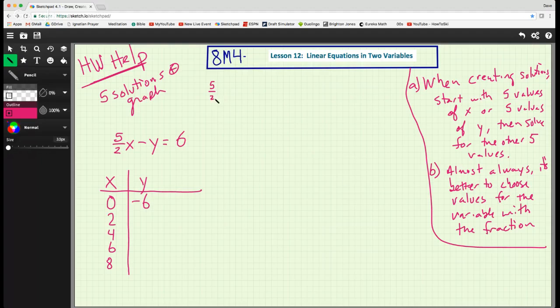5 halves of 2 minus y equals 6. So this is when x equals 2. So that cancels. So I get 5 minus y equals 6. Minus y equals 1, because I'm subtracting 5 from both sides. So y equals -1.